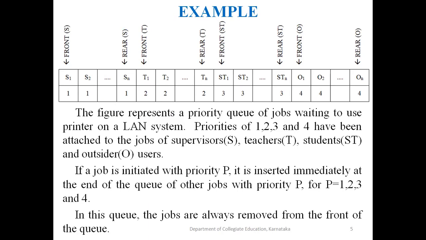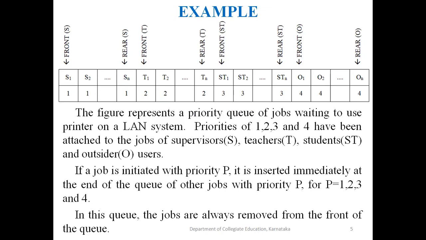So in the example shown, the jobs are removed from the front of the queue. In general, we can say that a priority queue is a series of queues. The diagram here can be visualized as four separate queues, and each follows the first in, first out principle.